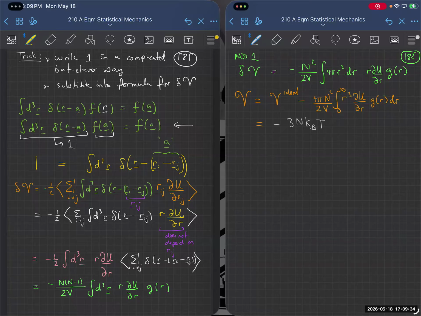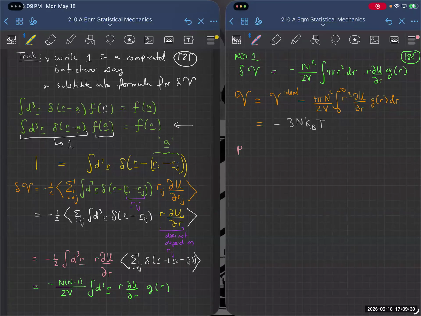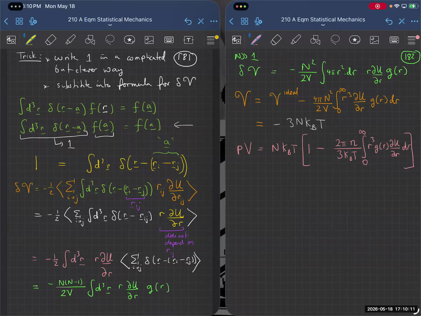So putting it all together, PV is equal to n kBT times 1 minus 2 pi little n over 3 kBT times the integral from 0 to infinity of r cubed g of r du by dr, close the brackets.